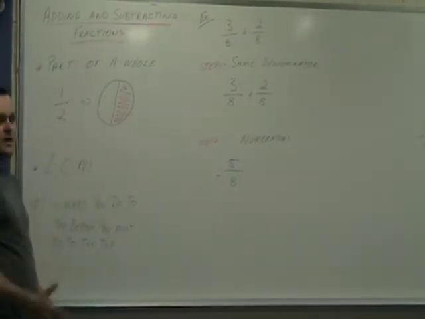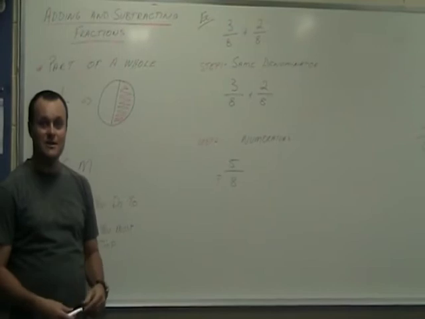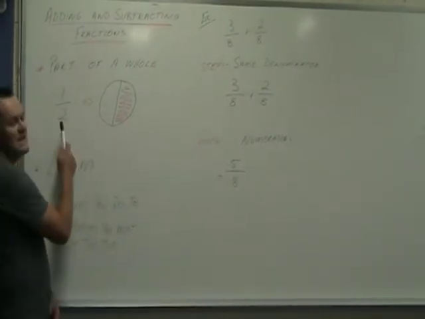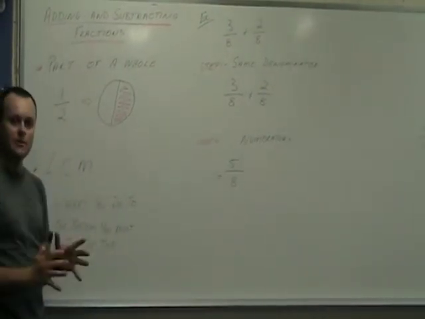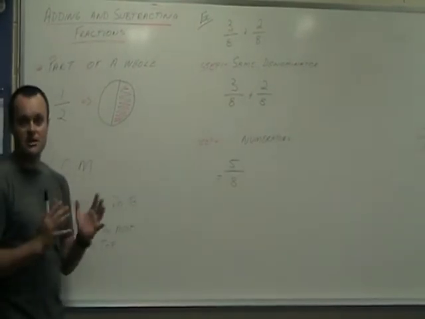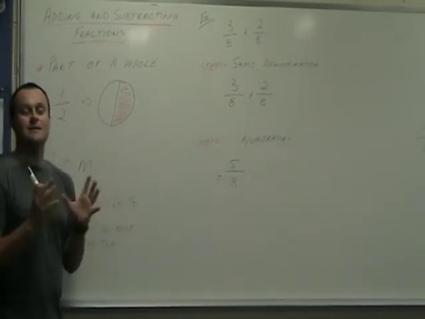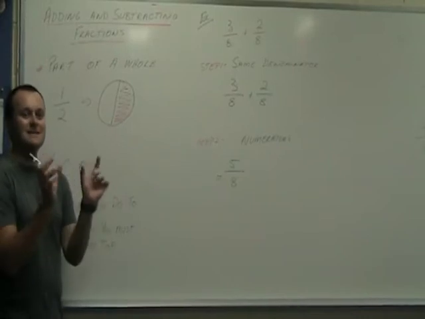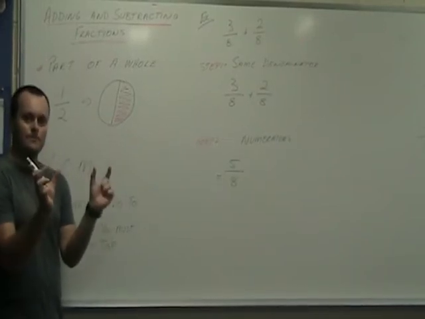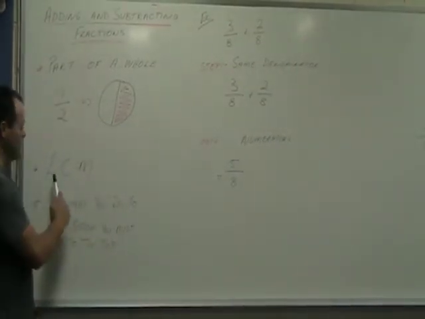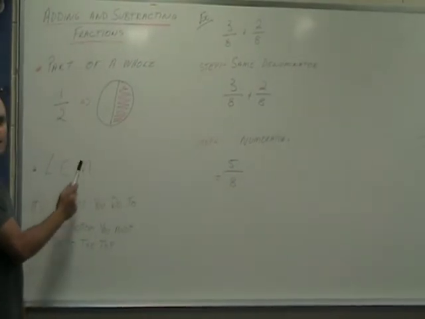Now because we're adding and subtracting fractions, the big thing you need to remember is that we need to get common denominators. You cannot compare fractions if they have different lots of equal parts. They need to be the same number on the bottom. We do that by finding the lowest common multiple.